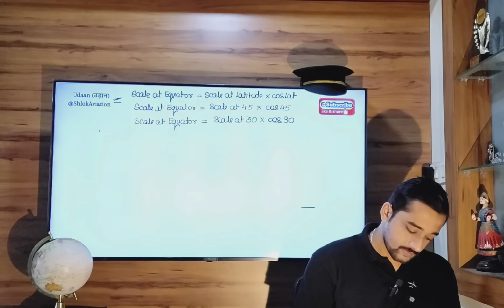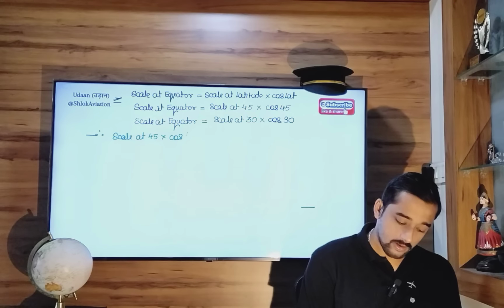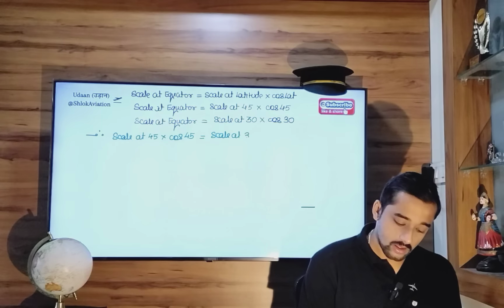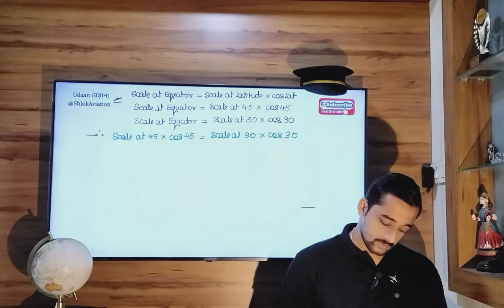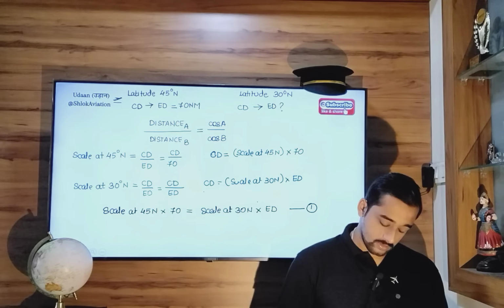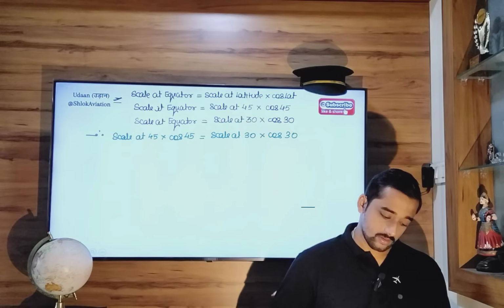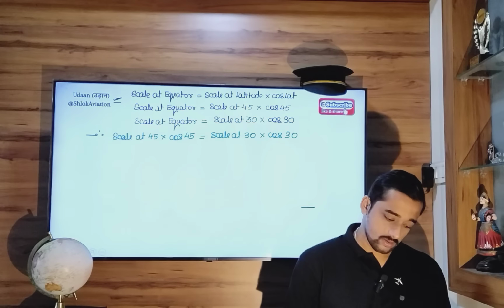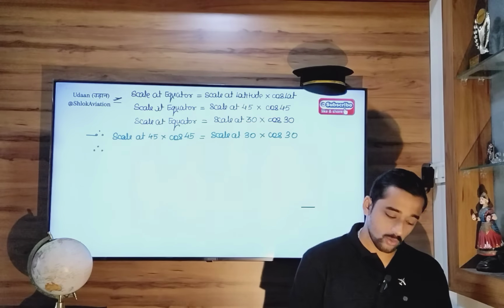Therefore, scale at 45 into cos 45 equals scale at 30 into cos 30. Okay. Now, scale at 45 is what?